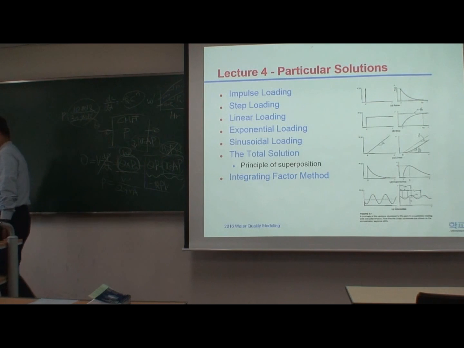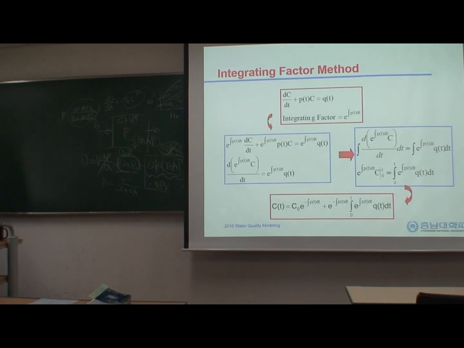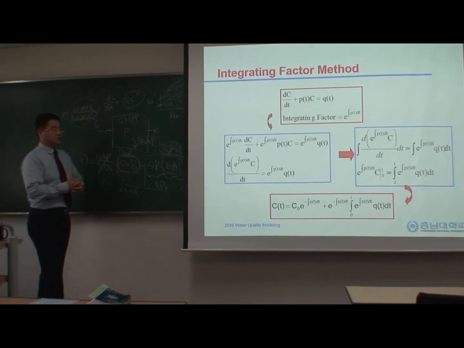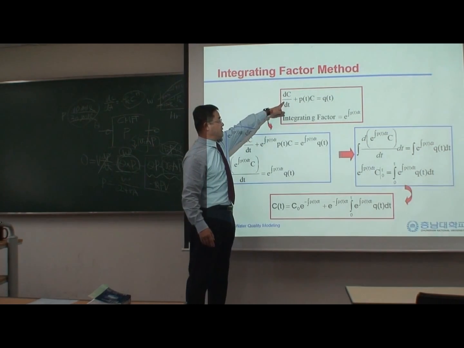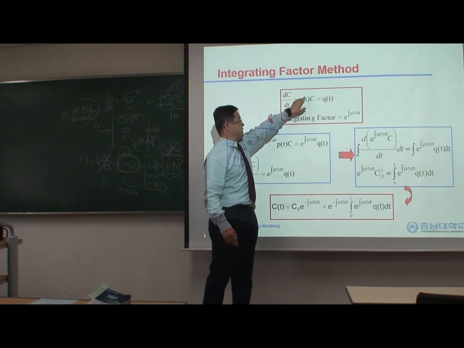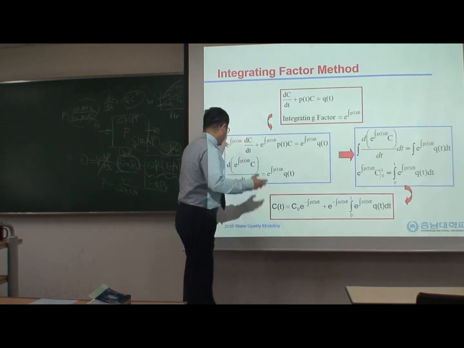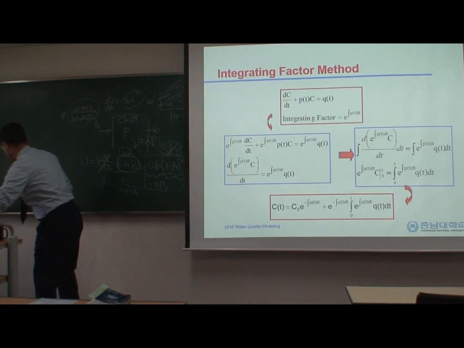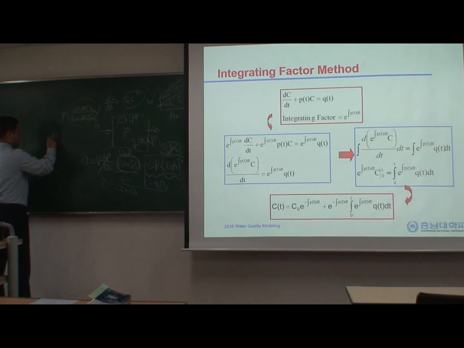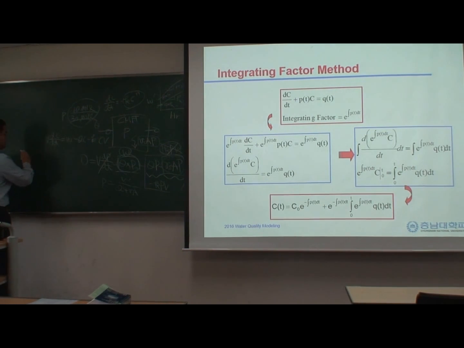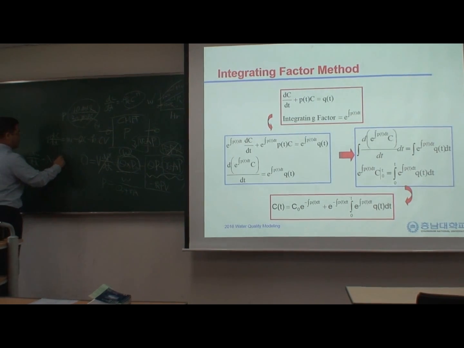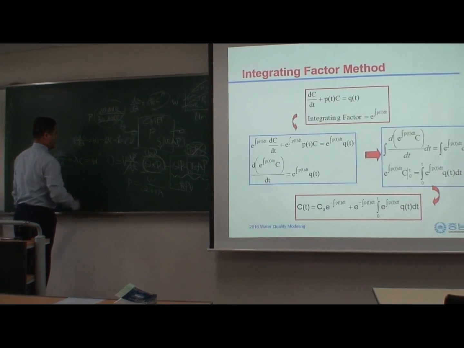I will just do it very quickly, and then want you to practice. Let's see, dc/dt is P(t) times C times Q(t). It's just like this. V dc/dt equals W minus QC minus KCV. Right? And then we can rearrange this equation like this.